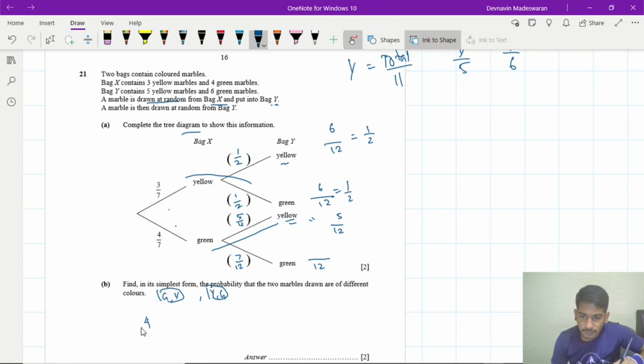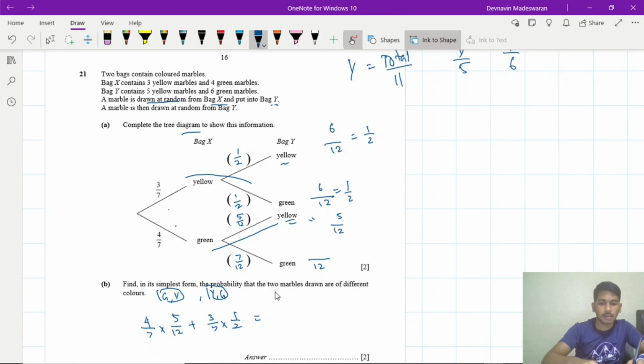So it's 4 over 7 times 5 over 12, plus 3 over 7 times 1 over 2, which is going to be calculated. 4 over 7 times 5 over 12 plus 3 over 7 times 1 over 2. 19 over 42.